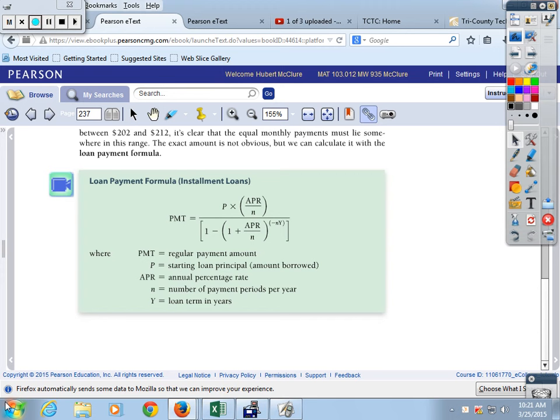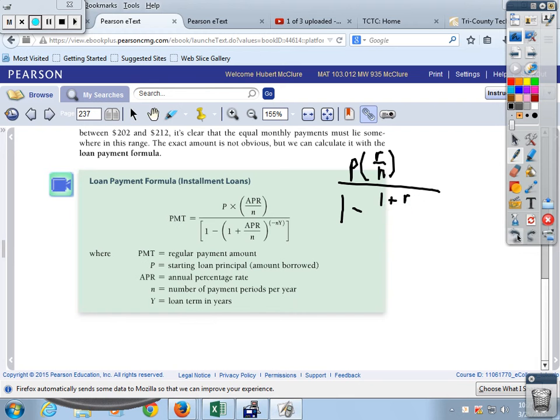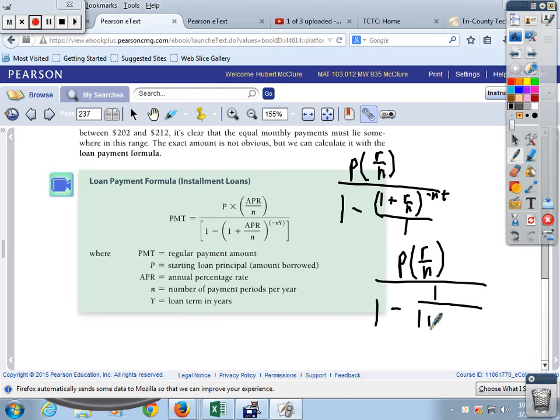So I'm going to put all of this over 1 and flip it. I'll rewrite it as P times r over n, over 1 minus 1 over 1 plus r over n raised to the nt power.